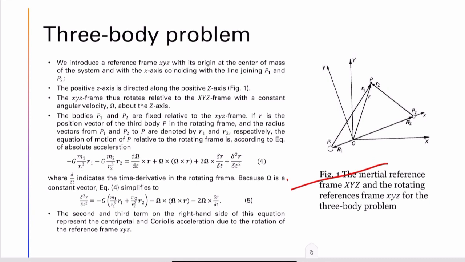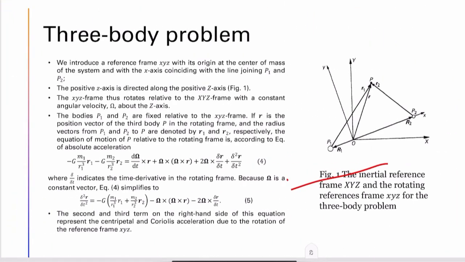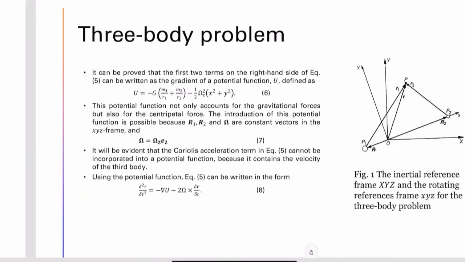When the equation is simplified, we found that there is a potential function, and the centripetal force is included in the equation, and the last term of the equation is actually from the Coriolis acceleration. That is actually contributed by the kinetic energy of the body.